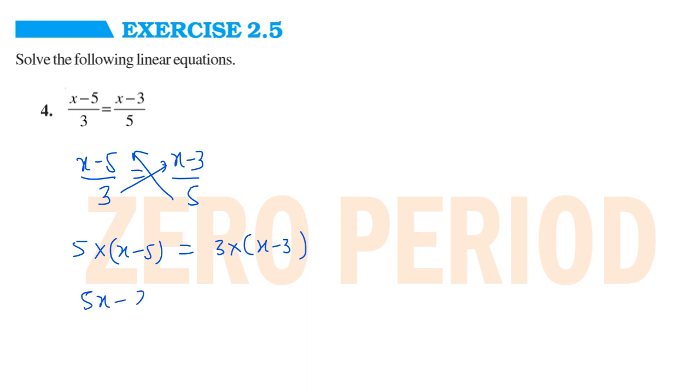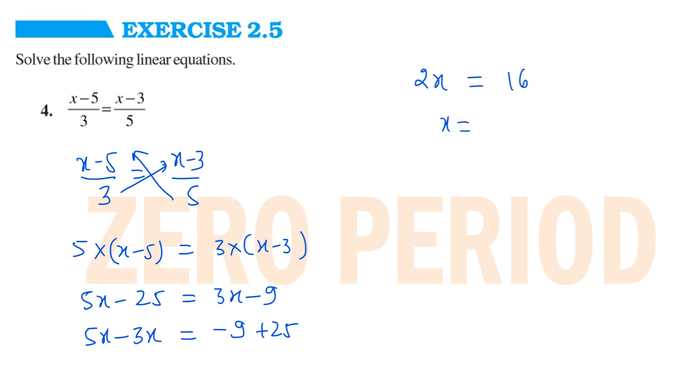Then 5x minus 25, 3x minus 9, open the brackets. Then 5x minus 3x, transposing all variables and all constants to one side, minus 9 plus 25. 5x minus 3x is 2x is equal to 16. Then x is equal to 16 upon 2 and x equals 8. My answer is 8.